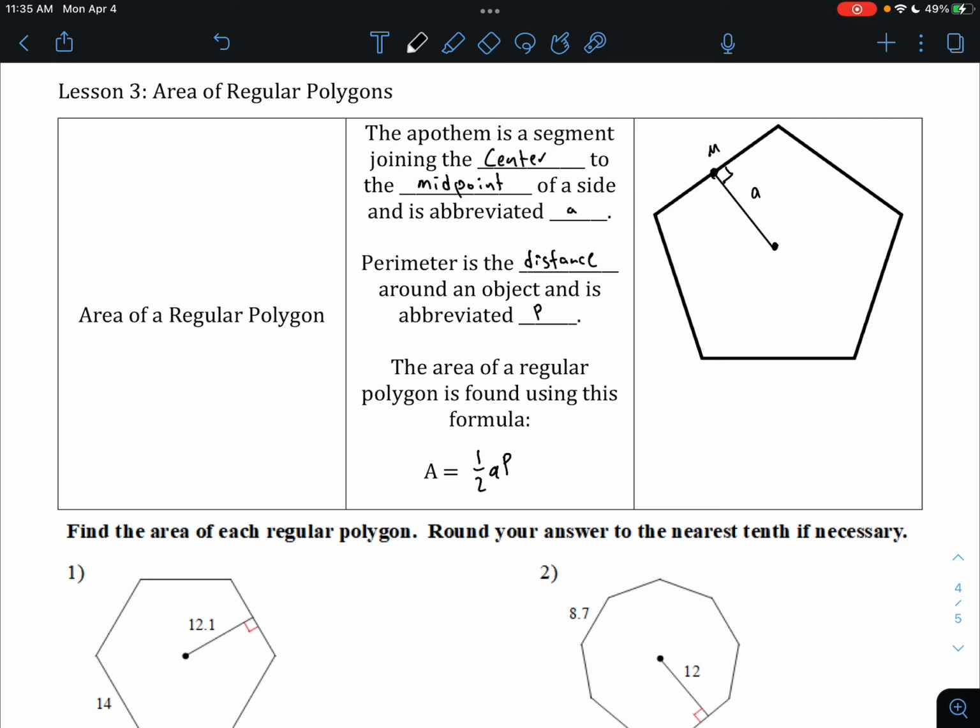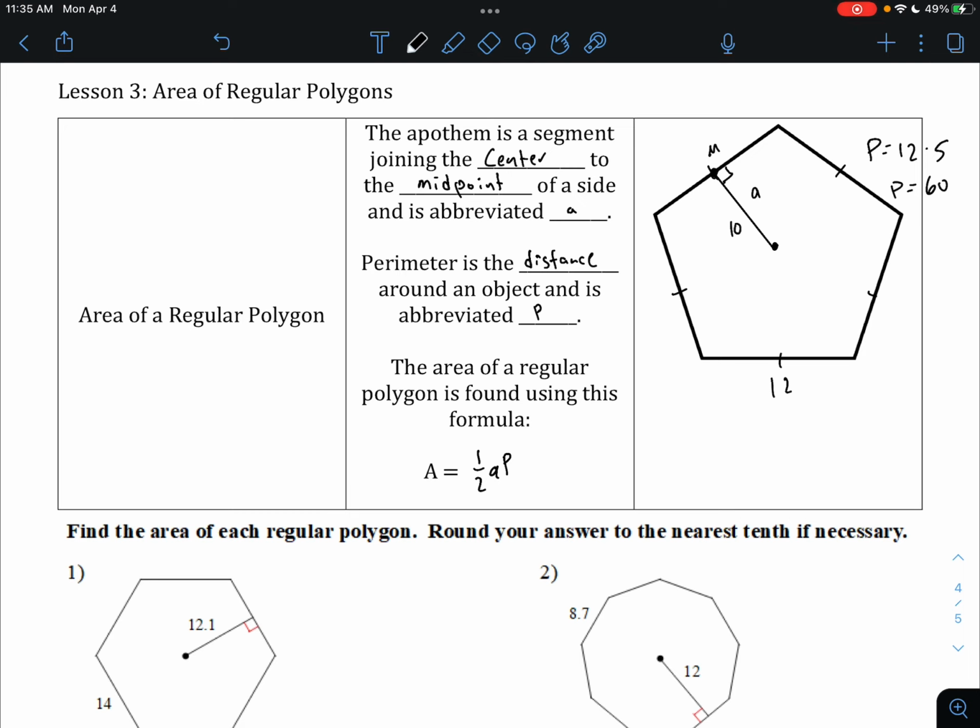So if, let's say, all of the sides are 12, our perimeter equals 12 times 5, which is 60. Perimeter is 60. And let's say the apothem is 10.